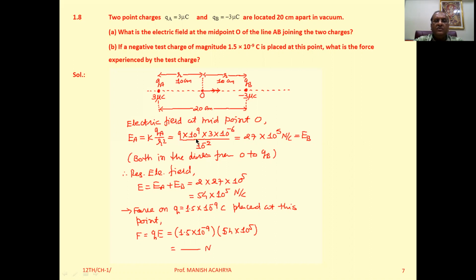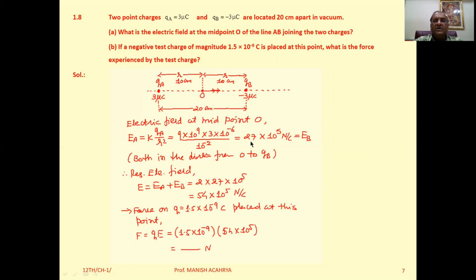Substitute K equal to 9 into 10 raised to 9, QA 3 into 10 raised to minus 6 coulomb. Separation, so QA to midpoint, that is 10 centimeter, so it is 10 raised to minus 1 meter, and square of it gives you 10 raised to minus 2.